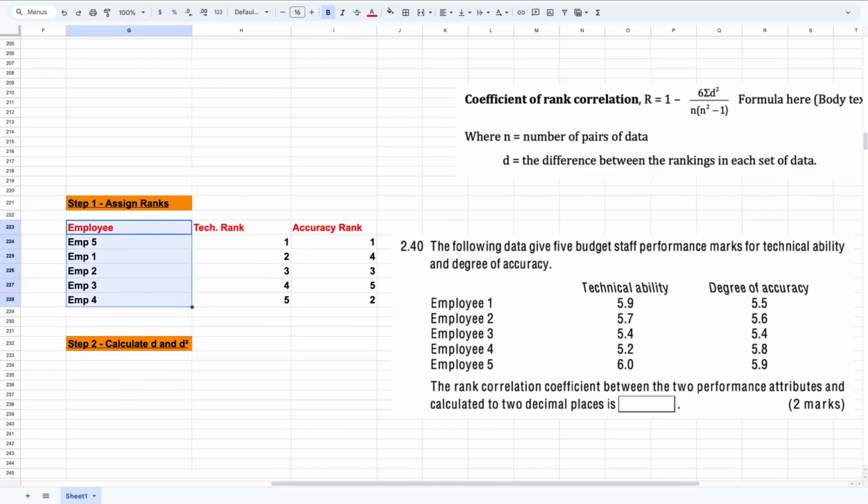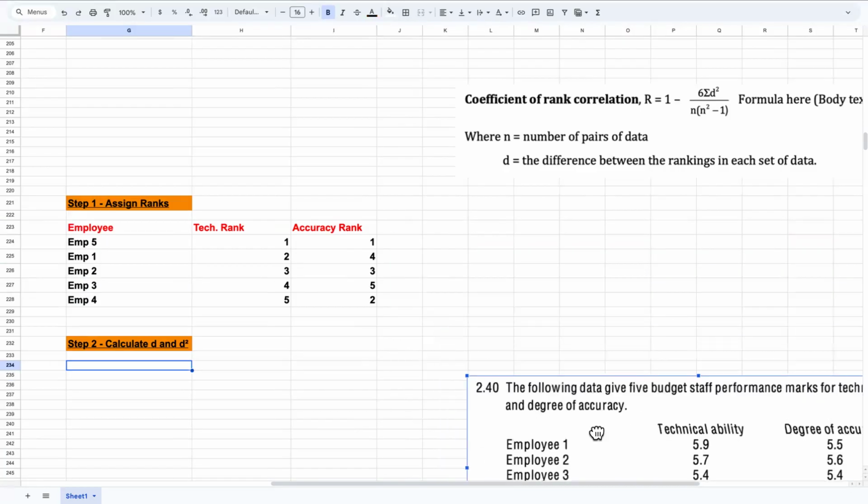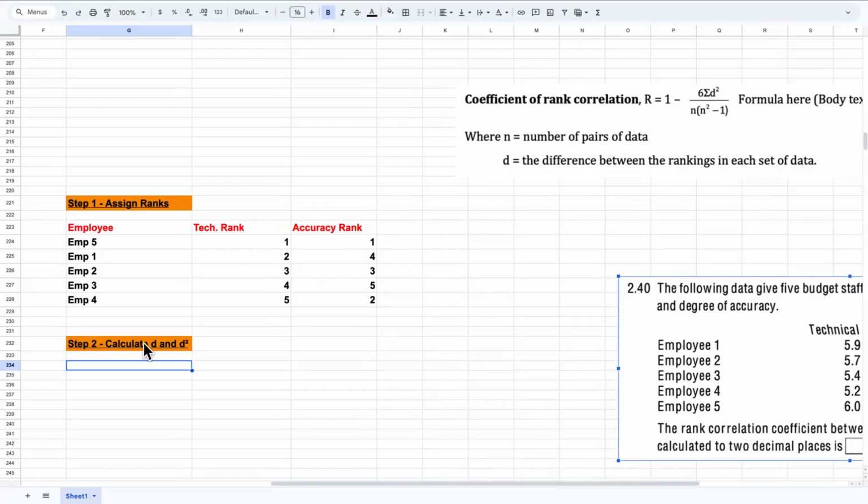Let's have the same data here, the employee. No, let's have another table.